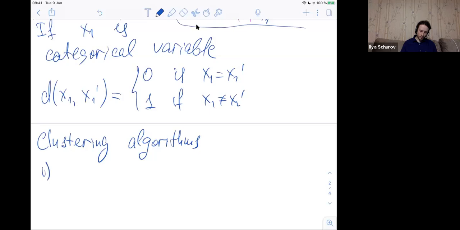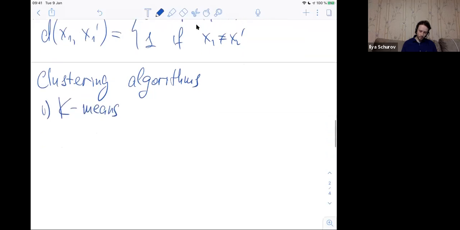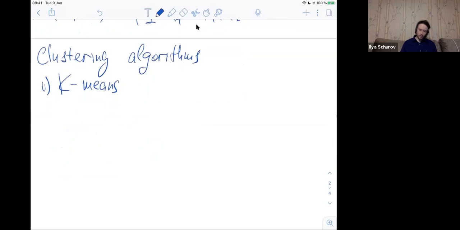First is k-means. In the k-means algorithm, we need some points, some observations, and we do the following thing. Assume that we have a two-dimensional space, so we have just two variables, and we have some points.